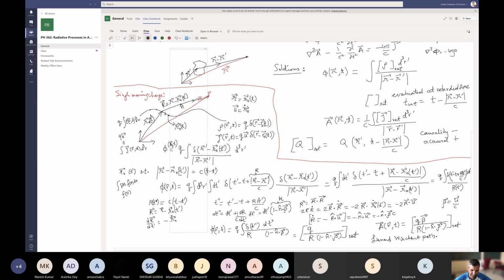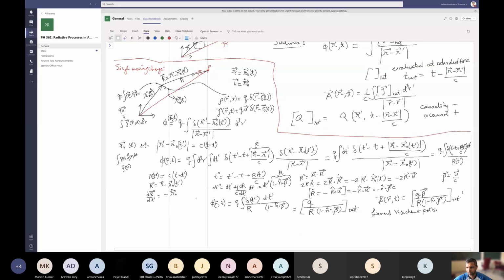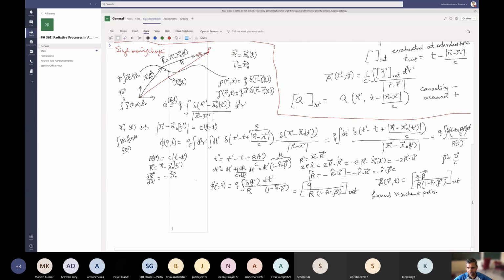Now, it's interesting to notice some things. Let me create some space. This 1 minus n hat dot beta factor basically means that if beta is close to 1, if a particle is moving relativistically, then... Of course, beta can never touch 1.